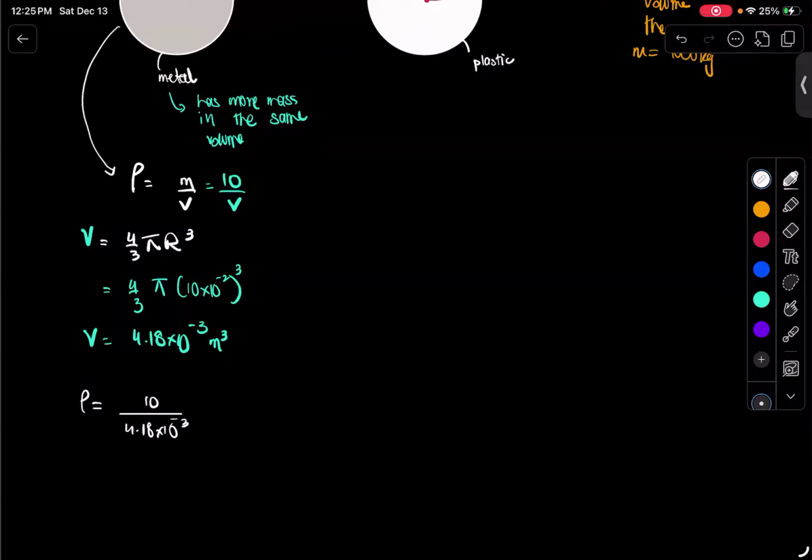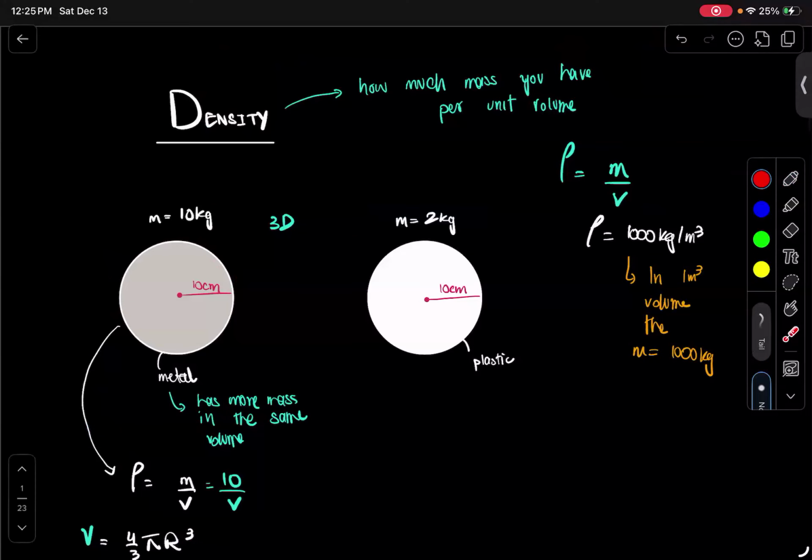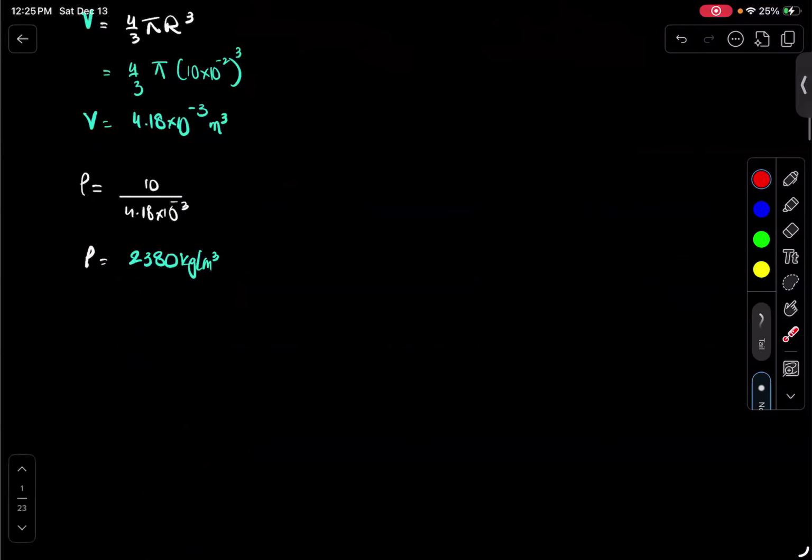If I do 10 over this value, the density is equal to 2380 kg per meter cube. That means if you take out a volume equal to 1 meter cube of this ball, it is going to have a mass of 2380 kgs.